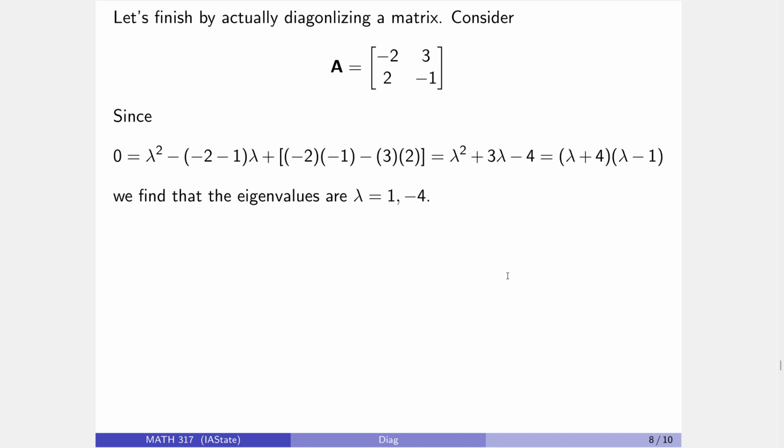And by the previous proposition, my two distinct eigenvalues must produce two linearly independent eigenvectors. So I know that this matrix has to be diagonalizable. It has enough eigenvalues to ensure there are distinct eigenvectors. Now again, that was an implication, right?